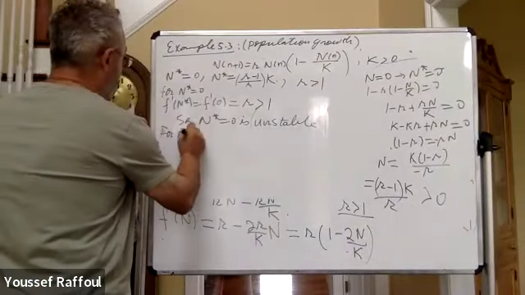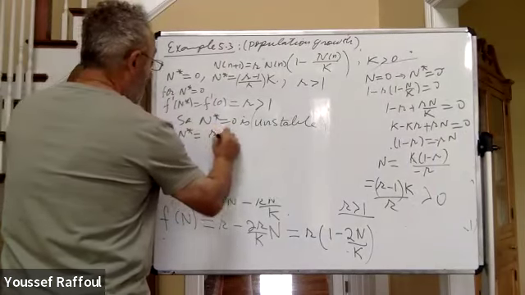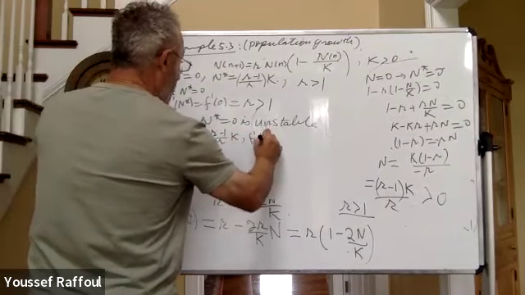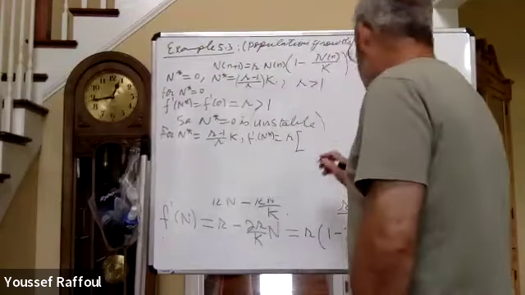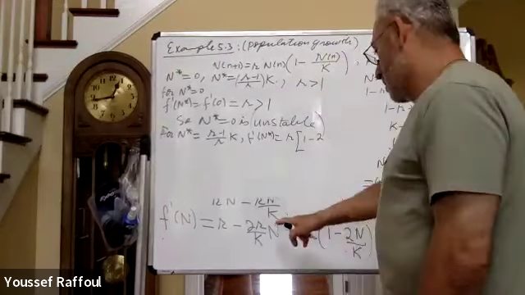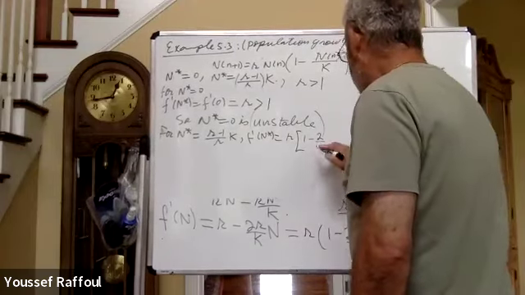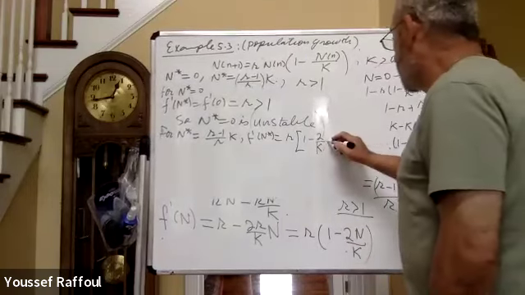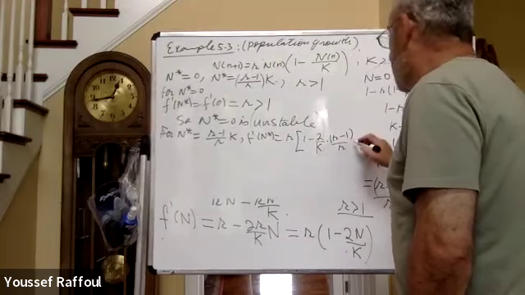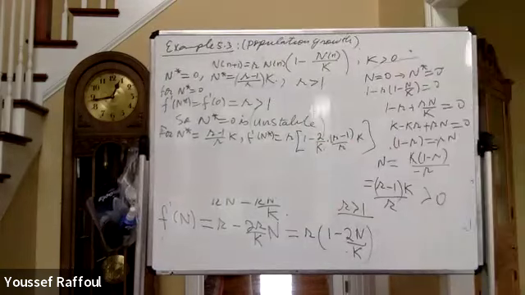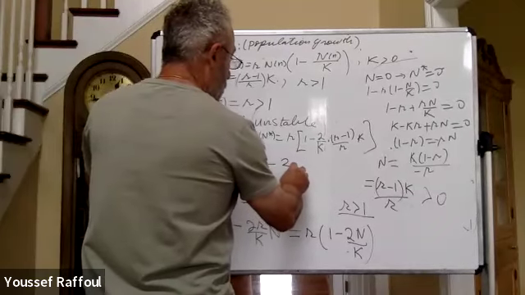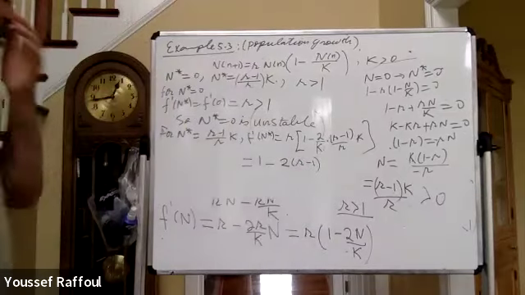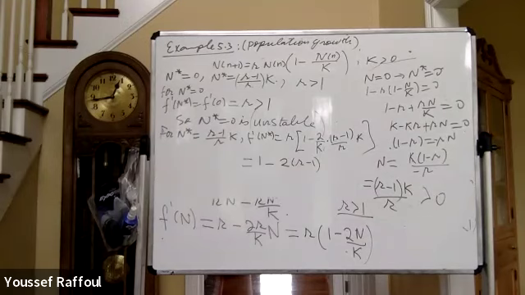For n star equal to r minus 1 over r times k, we have f prime of n star equal to r times 1 minus 2 over k times n times r minus 1 over r times k. And that is 1 minus 2 times r minus 1.